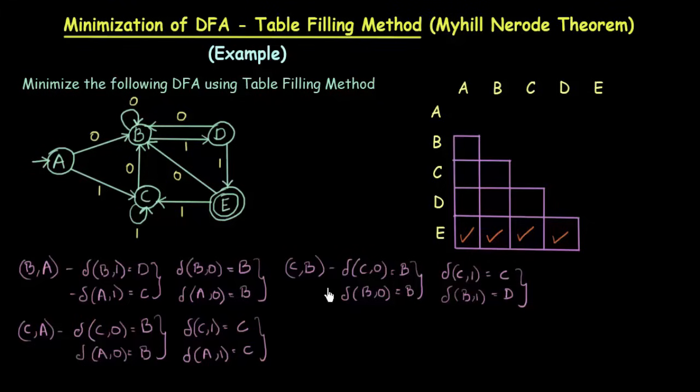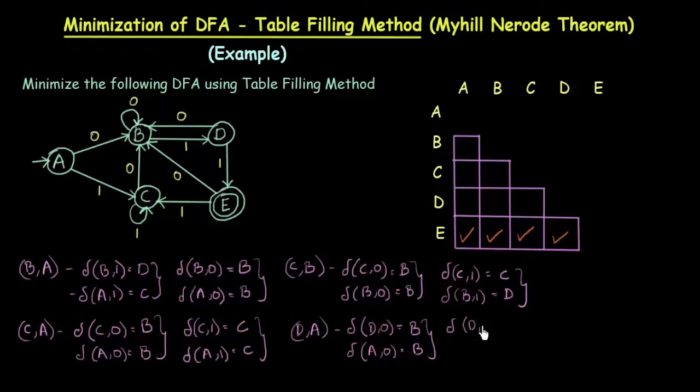Now let us continue the same procedure. Let's come to this. This is DA. Now as I do this, you look at the transition diagram and try to figure out how it is being done. D on input 0, it goes to B, and A on input 0, also it goes to B. So BB, we get this pair which is not there in the table, so we can leave it.